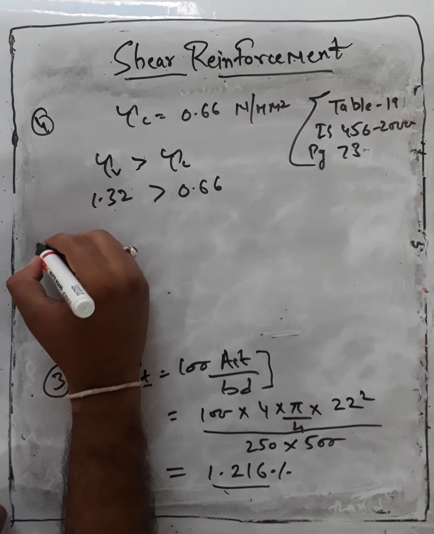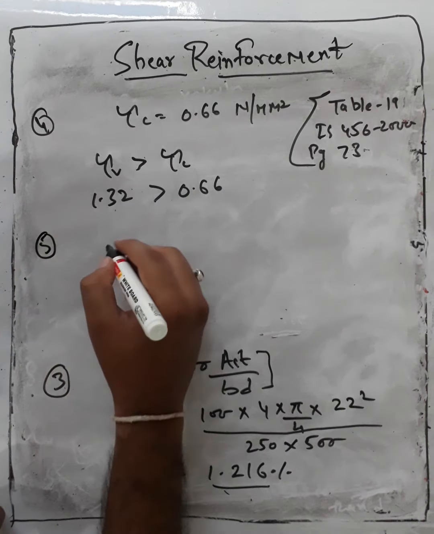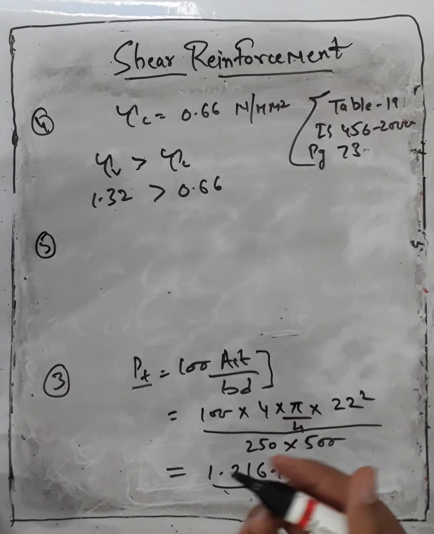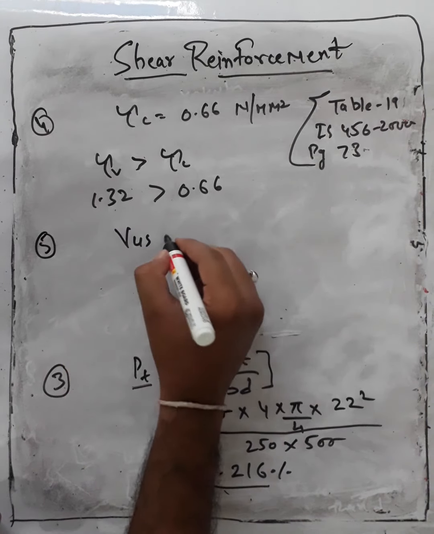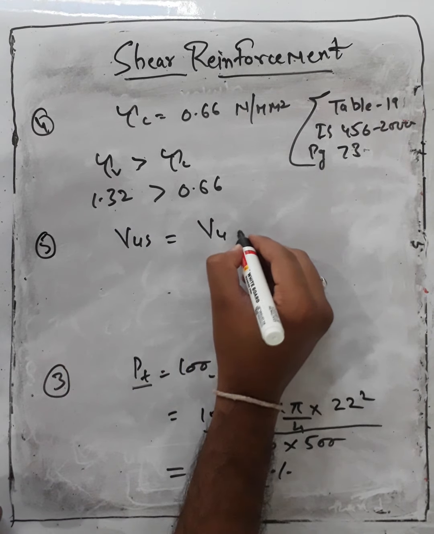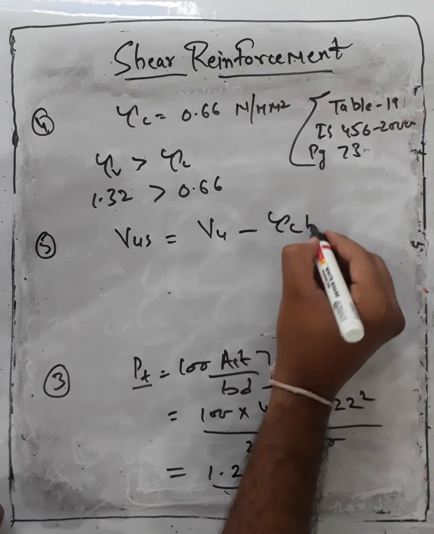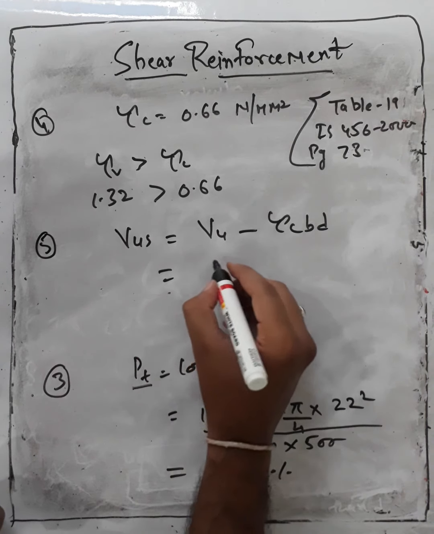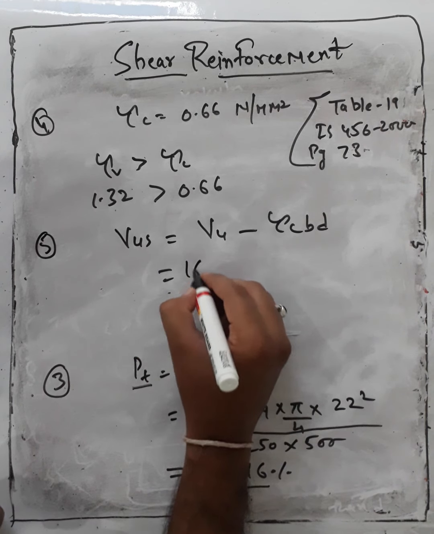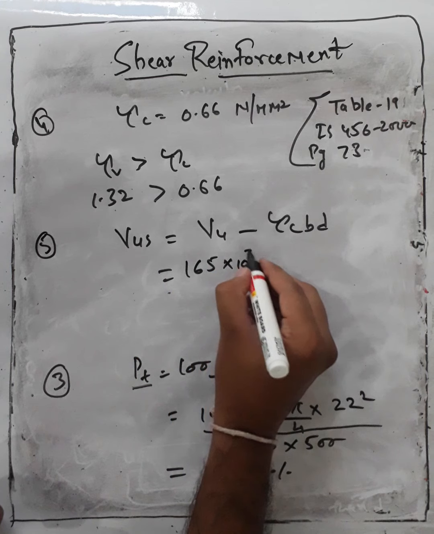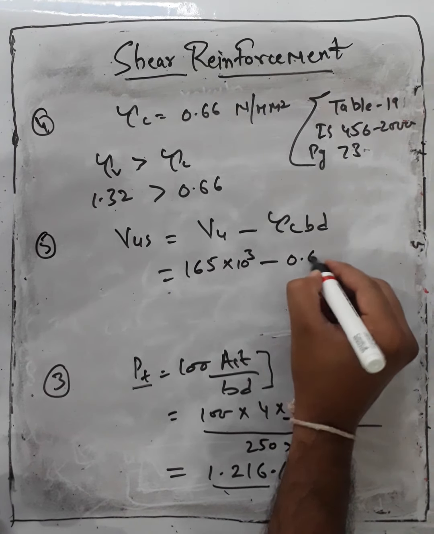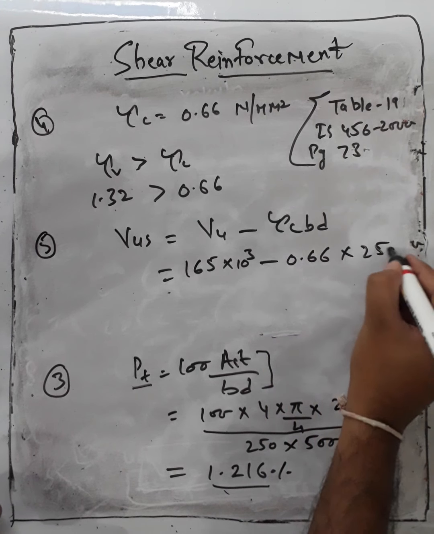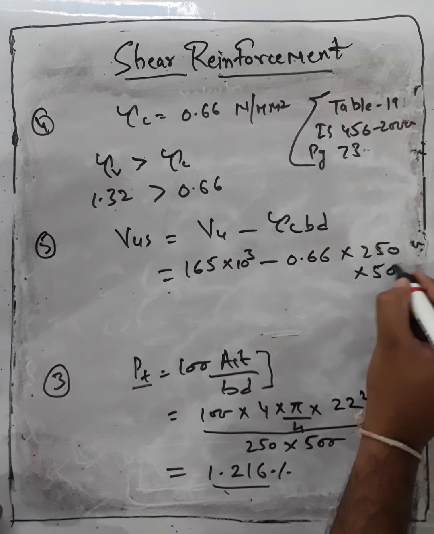So we have to design the shear reinforcement. First we have to find for how much shear force we have to design it. For that you find VUS. VUS is equal to VU minus tau c BD. VU is 165 into 10 raised to the power 3 minus tau c, where tau c is 0.66, B is 250 and D is 500.